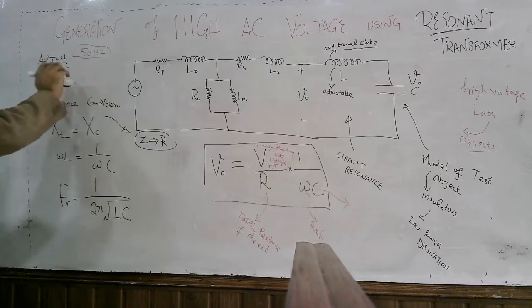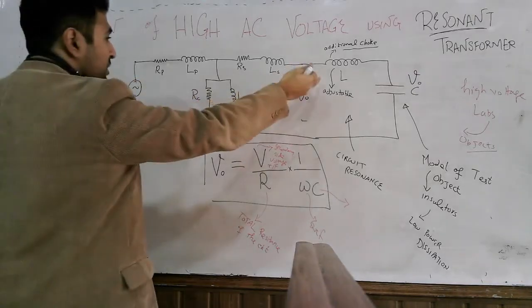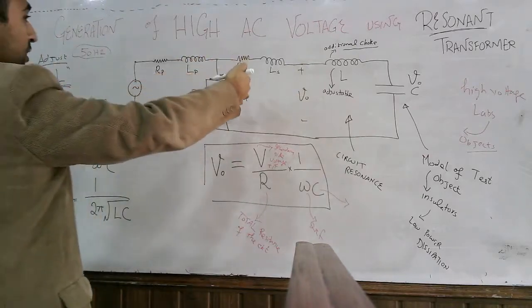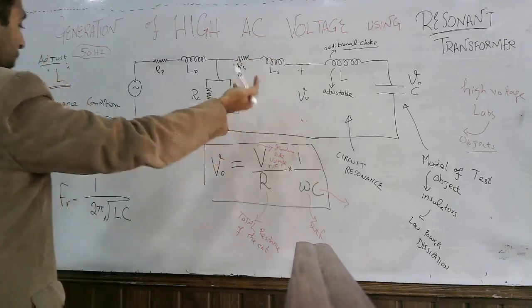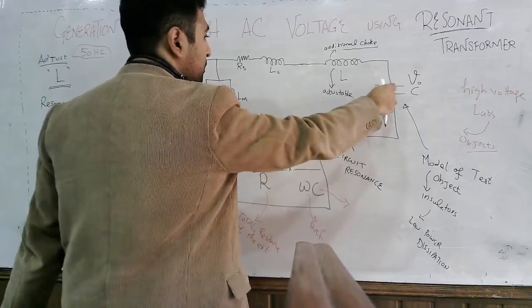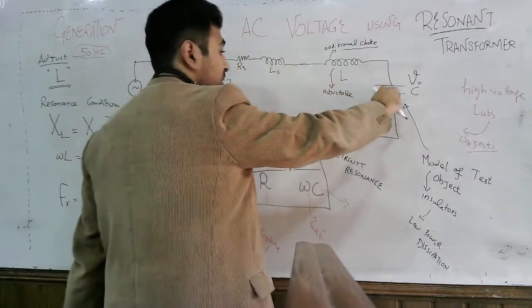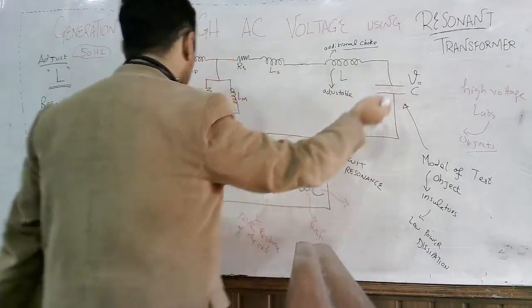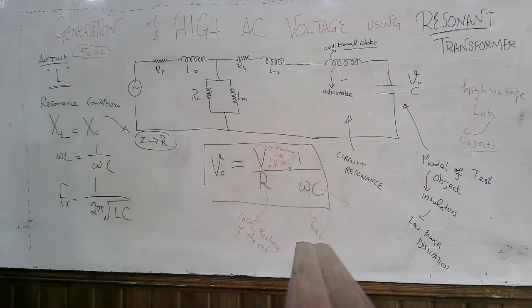We adjust the value of the inductance L, the additional choke, such that this circuit reaches the resonance condition. In resonance, the voltage across this capacitor rises, across this test object. This capacitance is modeling the test object, and that voltage is given by this equation.